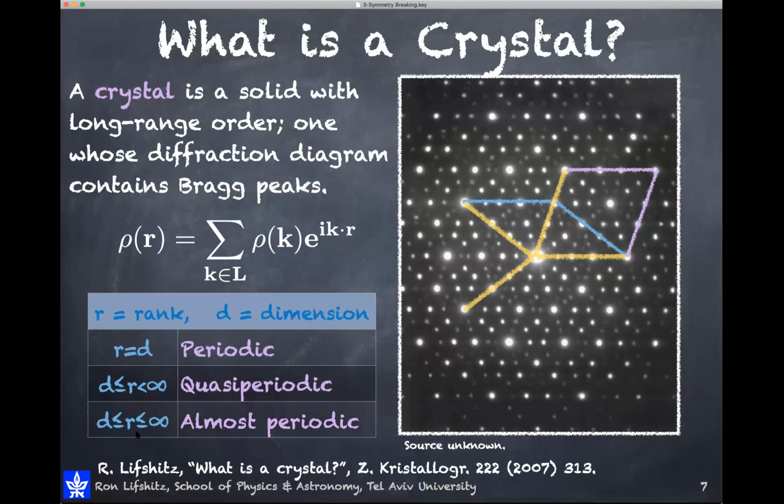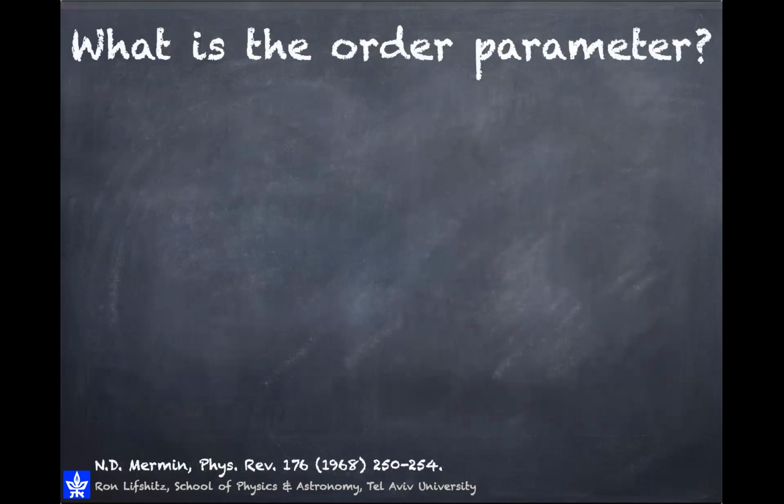And if the rank is unbounded, then we have the broadest category of what are called almost periodic crystals. When we say quasi-crystal, we refer to this category of quasi-periodic crystals after we remove from them all the periodic ones. So when R is strictly greater than D, we concatenate the term and we call it a quasi-crystal.